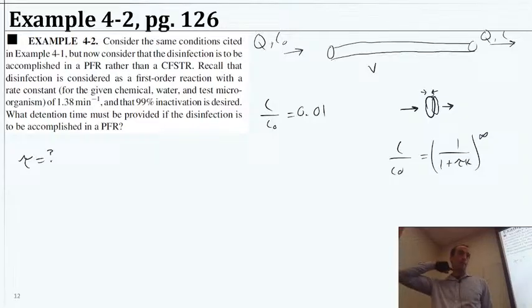In which case, if we were to do that and recall the Taylor expansion or whatever it is, we would end up finding the same equation as if we had a batch reactor that was just hanging out, doing its thing until it reached the end of the pipe. So the simplest way to do it would be to set this up as a batch, except instead of using time, we're using the residence time.